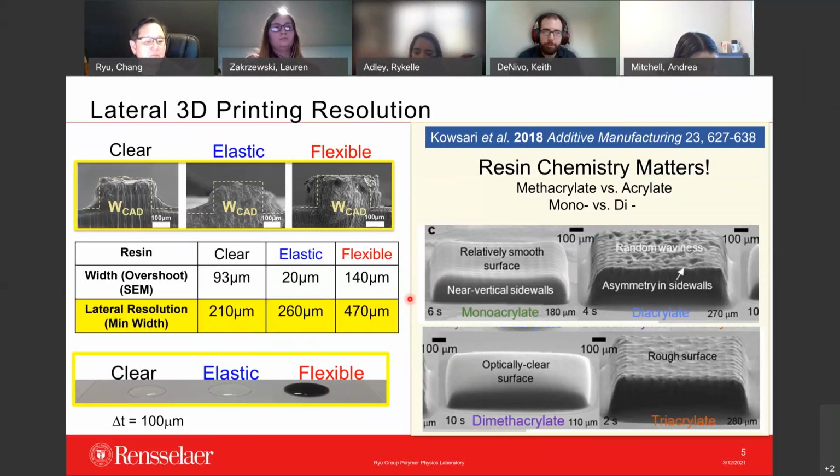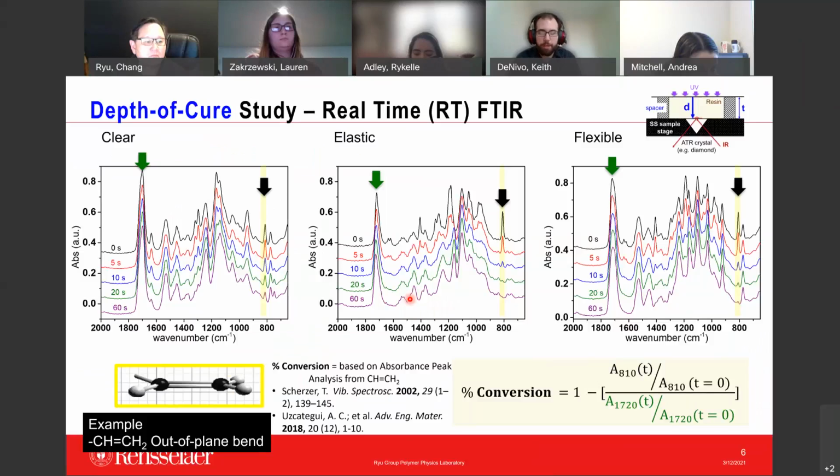Okay, so next we wanted to study the kinetics, or the amount of conversion that each of these resins undergo. So a methacrylate-based system has a carbon-carbon double bond that during polymerization will break and form single bonds.